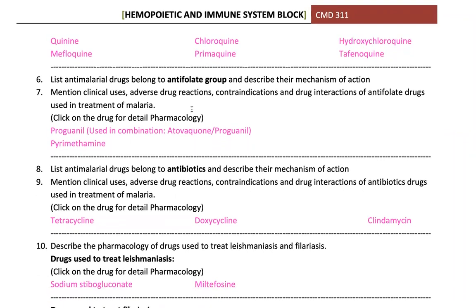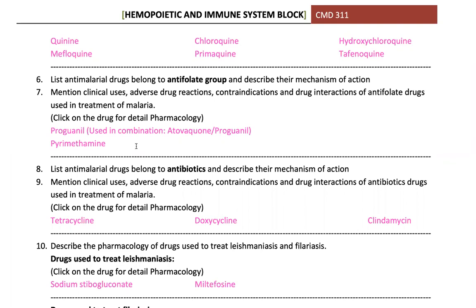List antimalarial drugs belonging to the antifolate group. Antifolate group: the drugs which inhibit folic acid synthesis in the protozoa. And which are these drugs from the antifolate group? These are proguanil, and generally proguanil is not used alone.